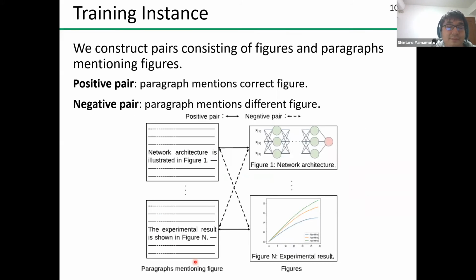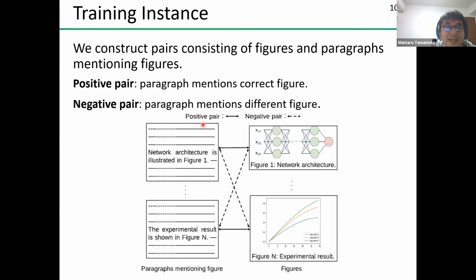Now I explain the training data. We construct pairs consisting of figures and paragraphs which mention figures. So for example, this paragraph mentions figure 1 and this one mentions figure n. For a positive pair, we consider a paragraph which mentions the correct figure.